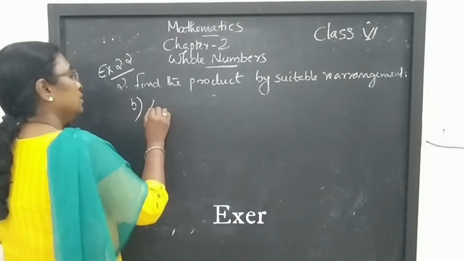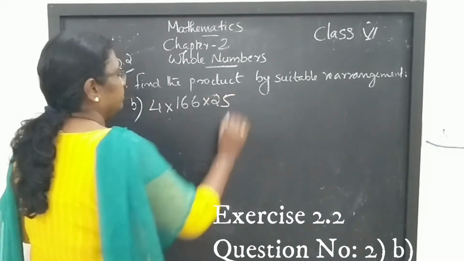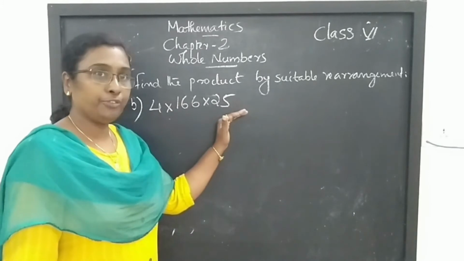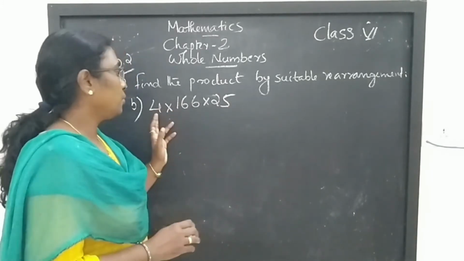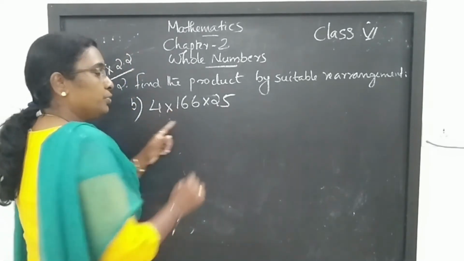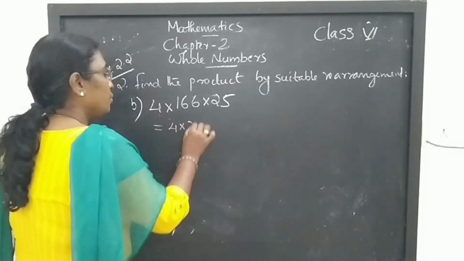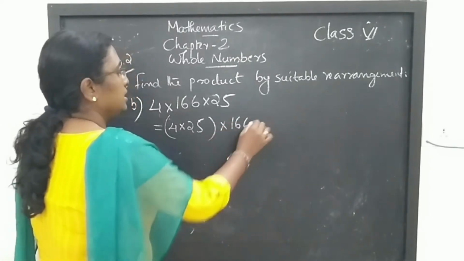Okay, clear? 4 into 166 into 25. In this case, if we group 4 and 25 together, we get a multiple of 10. 4 into 25 equal to 100. So, we group 4 into 25 together. So, we can write this as 4 into 25 into 166.